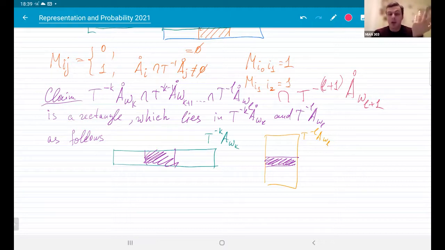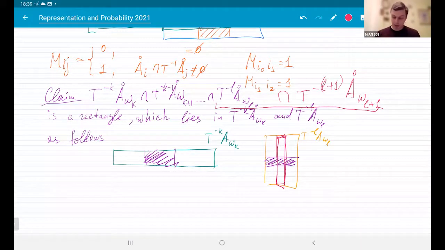Where is it? Well, we know that the intersection of the last two terms is in this vertical stripe. And therefore, the whole intersection is this. Well, okay, then it is easy to see that the whole intersection is a horizontal stripe in this last term.